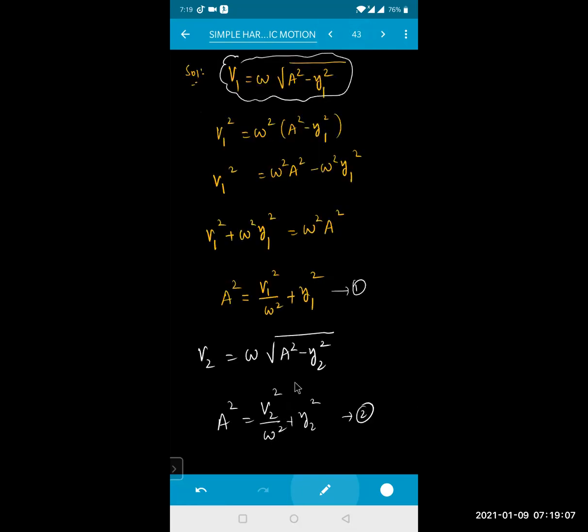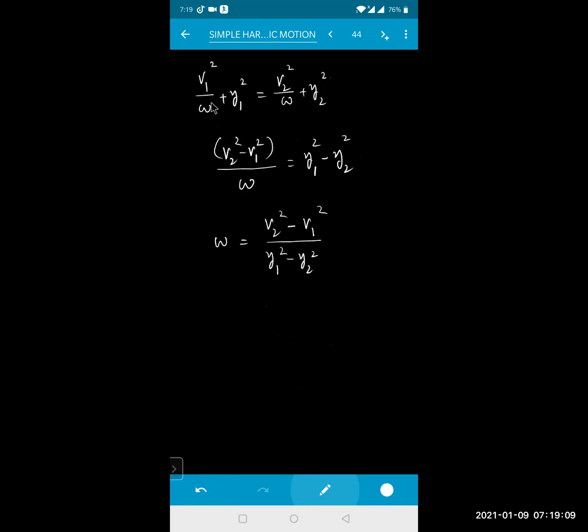This one is omega square, sorry, and this one is also omega square. So omega will be equal to under root of v2 square minus v1 square divided by y1 square minus y2 square. So omega value is how much for me?